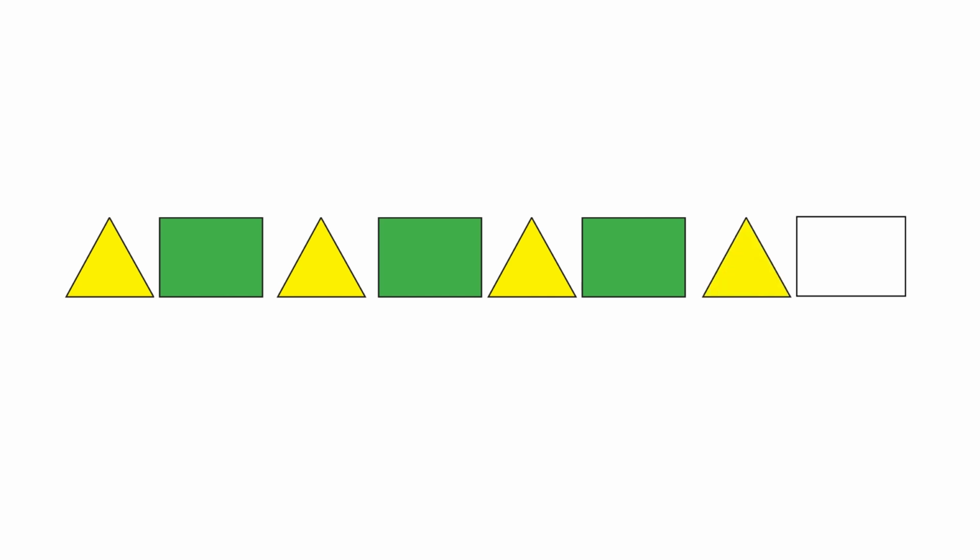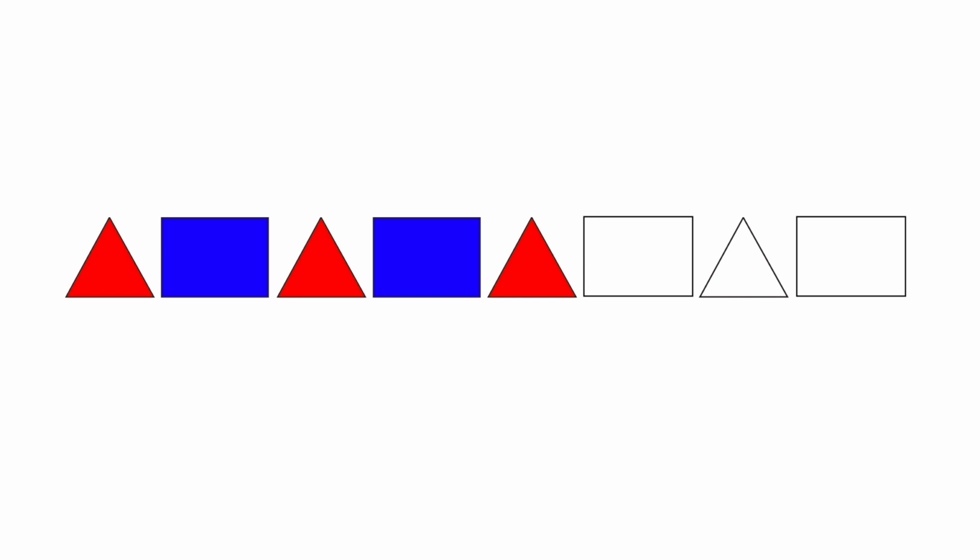Right, yellow color. Kids, now look at this beautiful pattern of colorful shapes. You can also draw this pattern with different colors. For example, one red triangle and one blue rectangle. Again, one red triangle and one blue rectangle. Dear children, I am imagining this pattern.